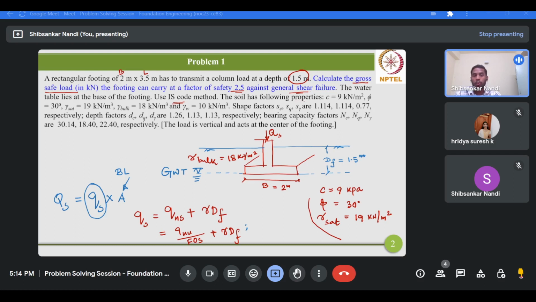This information is not available with us. But it's explicitly mentioned in the problem that you have to calculate the gross safe load the footing can carry at a factor of safety of 2.5 against general failure. So it's very clear that you only consider the mode of failure as general shear, not punching or local.